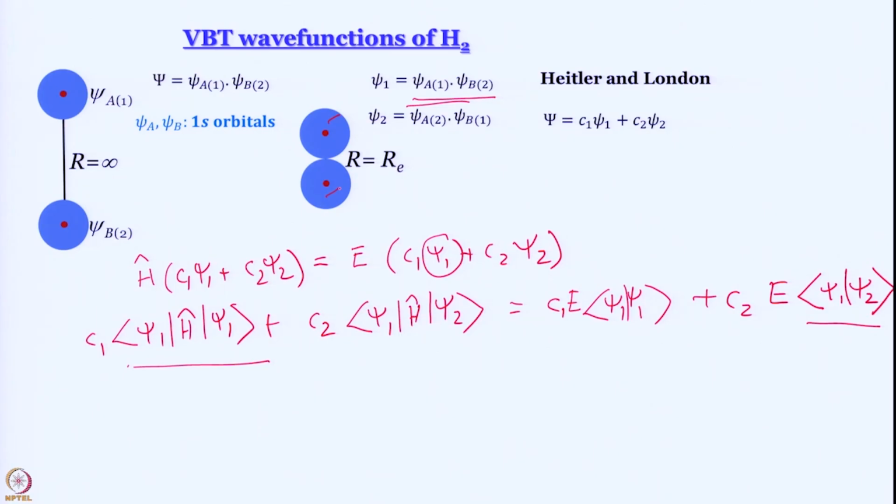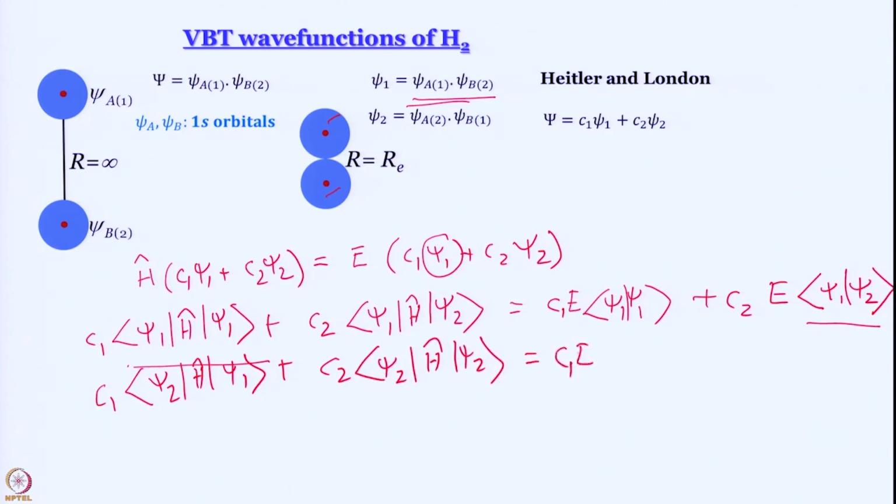So, this is what you get, and similarly if you left multiply by psi 2, what do you get? You get something like C1 integral psi 2 H psi 1 plus C2 integral psi 2 H psi 2 equal to C1 E integral psi 1 psi 2, because the order does not matter, plus C2 E integral psi 2 psi 2.